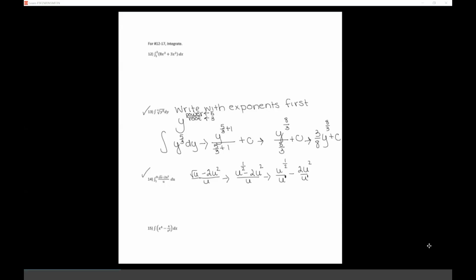Now you're in a situation where you can use the quotient rule for exponents to do the divides and get rid of the denominators. How do I divide these? What do I do with the exponents?